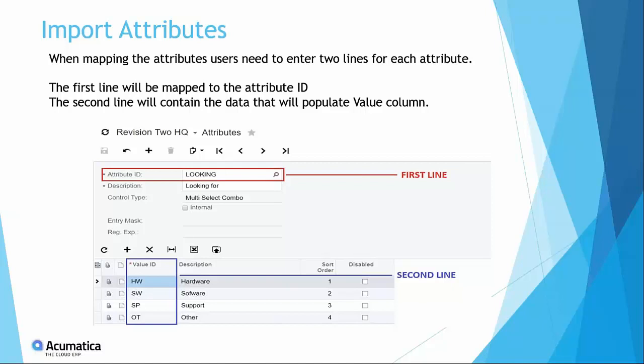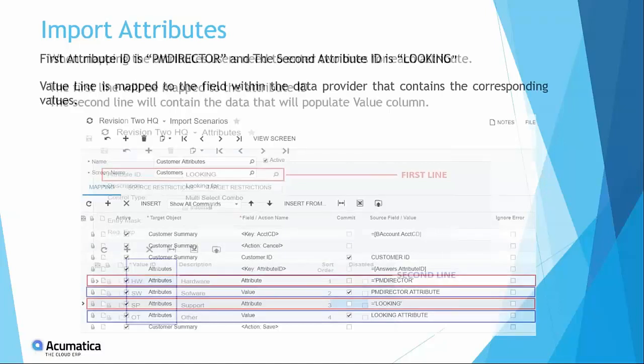And in the second line, as you will see in the next slides, we will select the specific values that we need. Again, it's a multi-select combo attribute, and you can specify more than one value. So I will show you how we need to map these attributes.